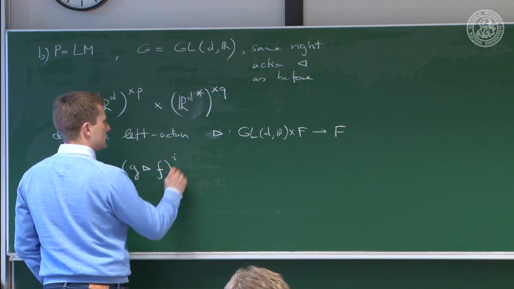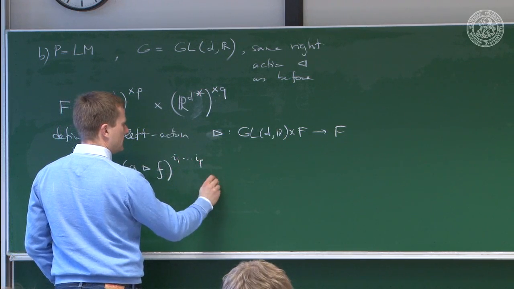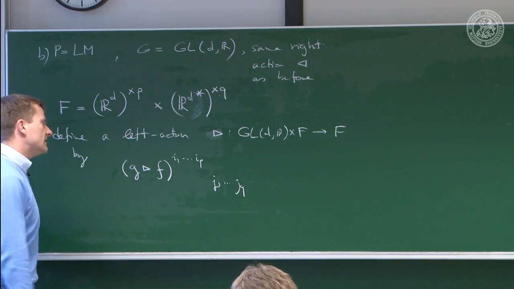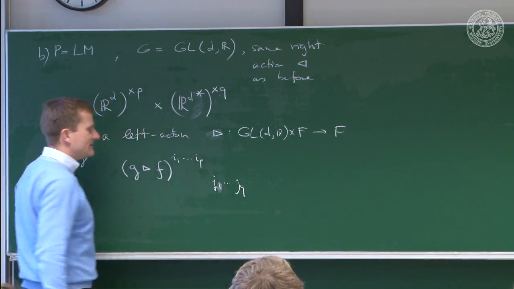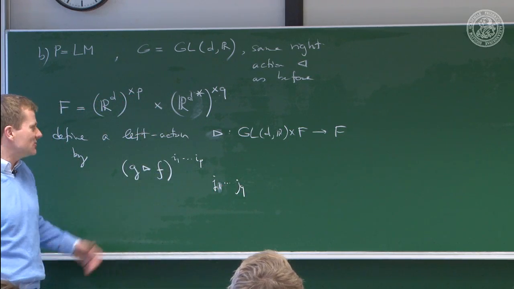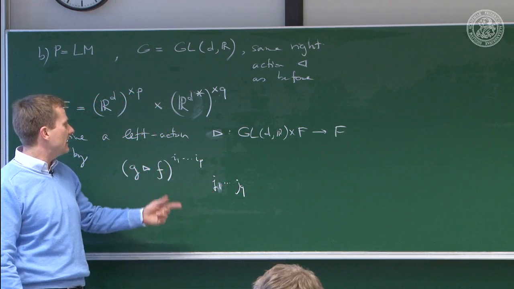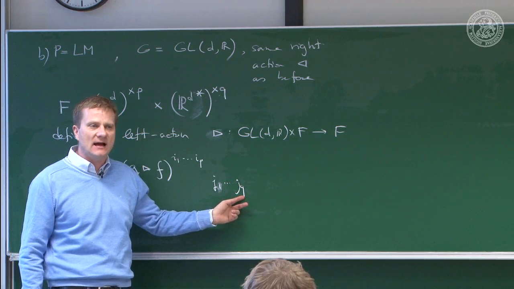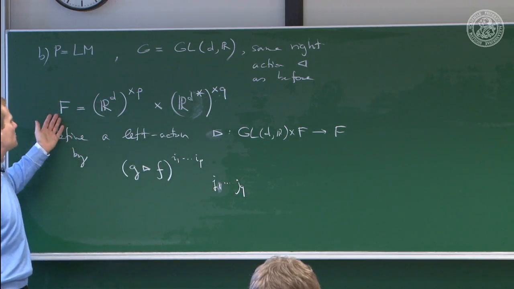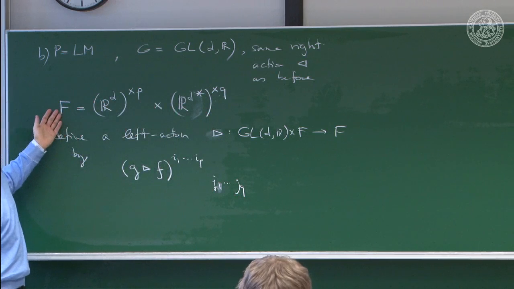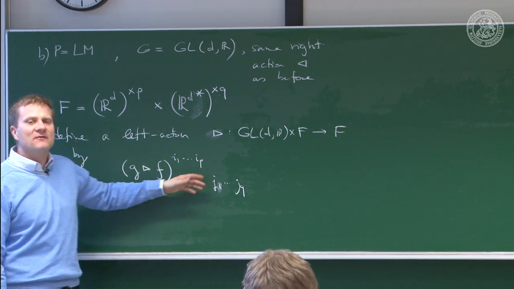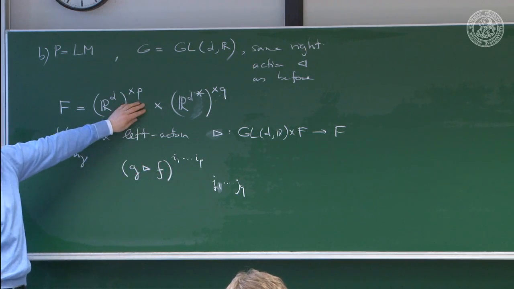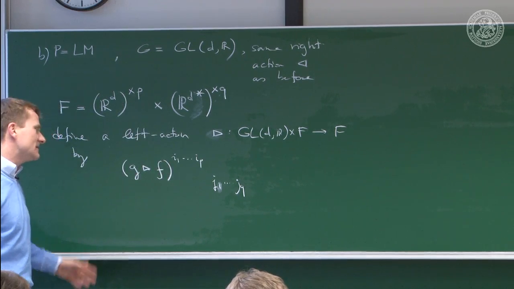So we have indices I1 to IP, J1 to JQ, and I write the indices up and down. In this case, it's again the old convention we always had, that we want vector components with indices up and covector components with indices down. Okay, but this is just a collection of numbers at this point. So very strictly speaking, we have to reintroduce the same convention again, because we're now dealing with these objects.